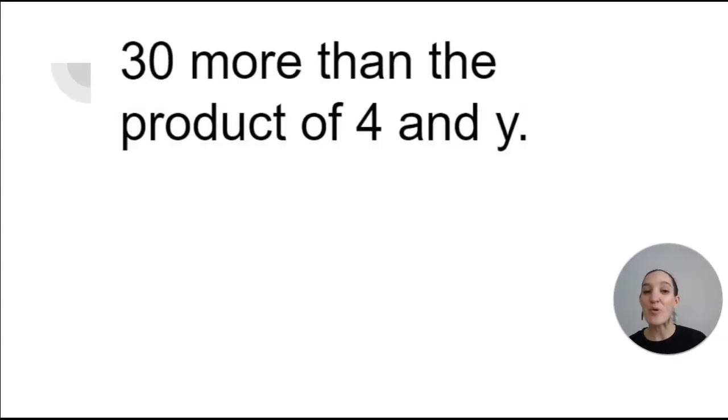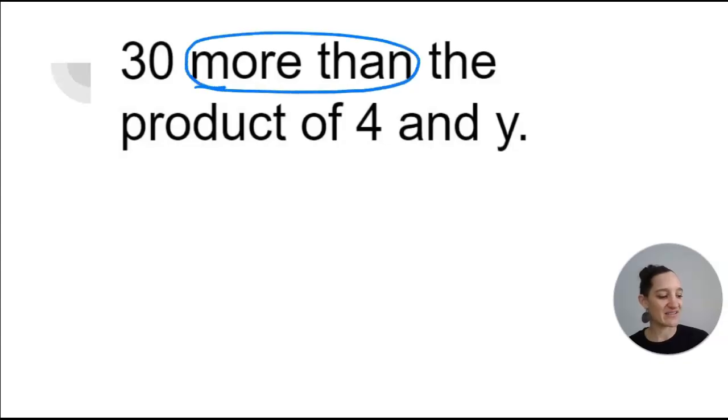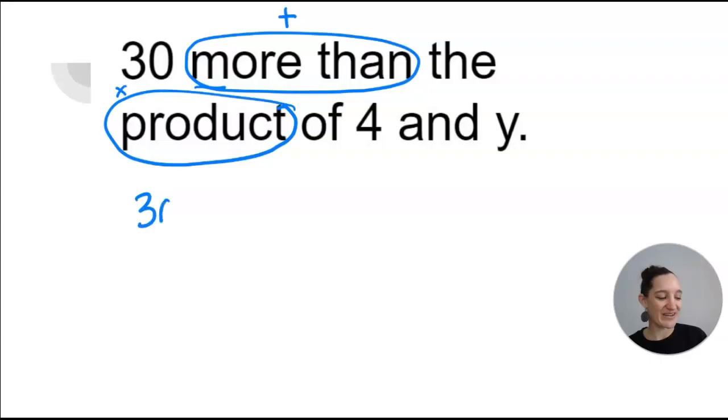Next: 30 more than the product of 4 and y. More than is a word for plus, isn't it? Product is a word for times. Good. So 30 more than, and product means times. What are we timesing? The product of 4 and y.